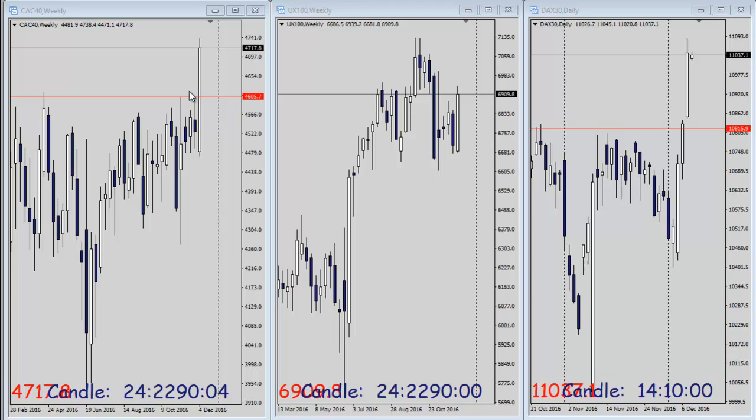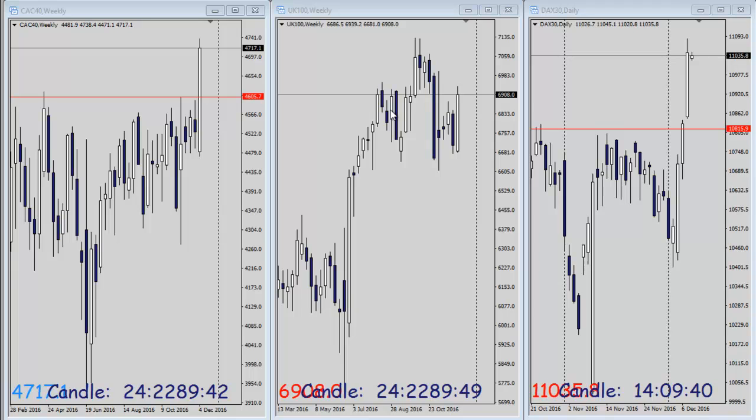So let's go over to the left, and you can see on the CAC that the market has traded similarly in the trend yesterday, breaking any resistance line to the top at 4,605 points. So that's good news. There's plenty of room to the upside.